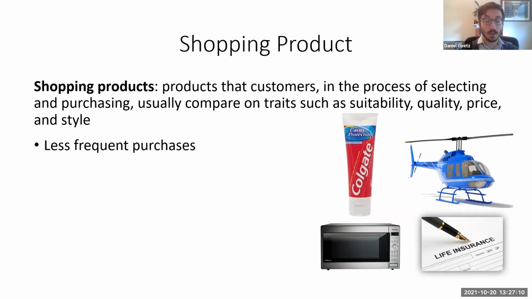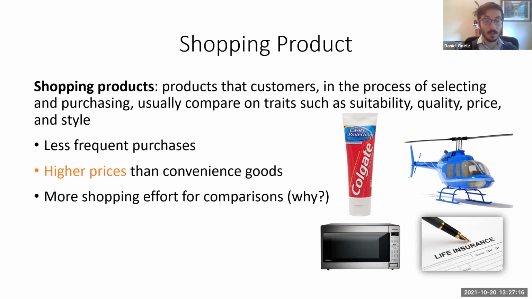So here we would have less frequent purchasing, typically higher prices than convenience goods, and more shopping effort is put into comparisons, right? Why is that? Well, there's a lot of attributes, so you have to think a lot harder about which attributes you value. There's less frequent purchases, so you know less about it. So you need to educate yourself before you even consider buying.